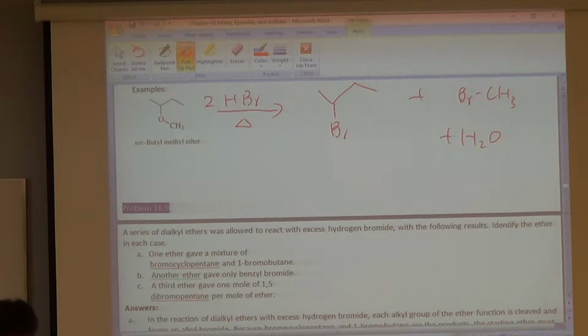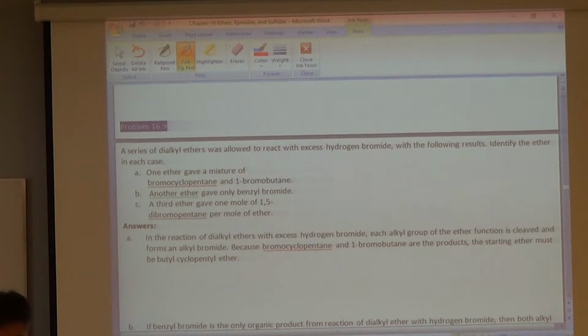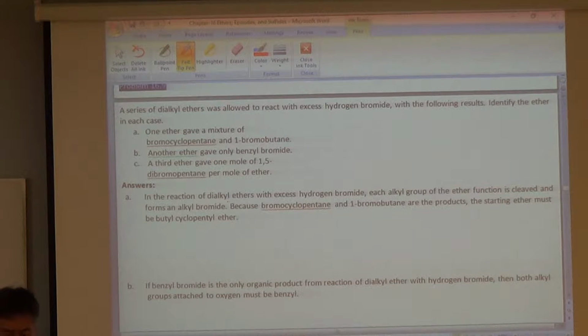16.9: we have a series of dialkyl ethers that were allowed to react with excess hydrogen bromide with the following result. Identify the ether in each case. The first one is an ether that gives a mixture of bromocyclopentane and 1-bromobutane.